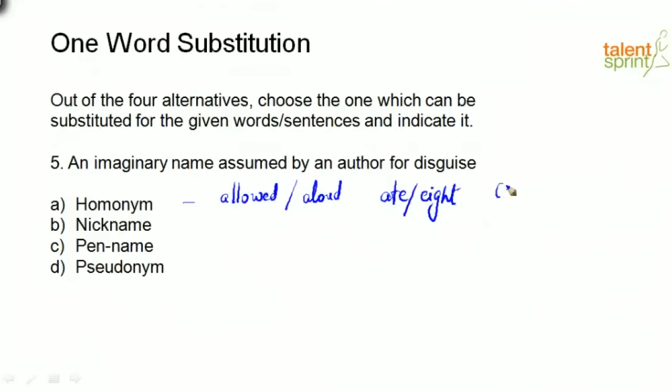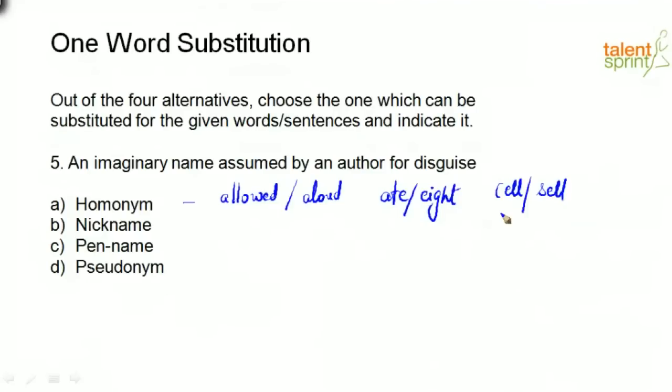Cell, to cell, and then the cells in our body. Both sound the same, but they have different meanings. So these are homonyms. This is not what we need in this context.